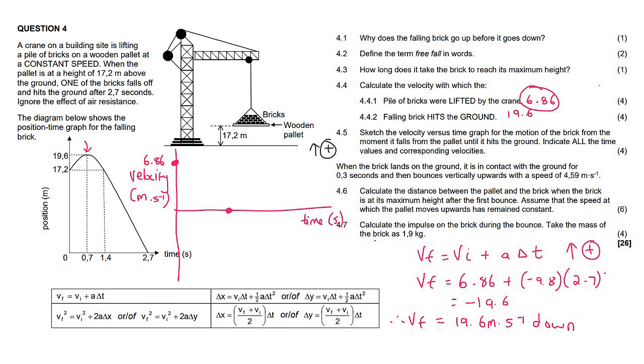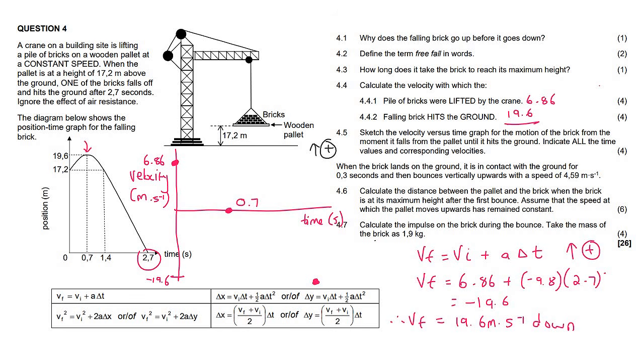So a 0 velocity would be here, and that took 0.7 seconds. Then at 2.7 seconds, it hits the ground, traveling at 19.6, but it was going downwards, and so it's going to be on the negative y-axis, negative 19.6. And that would be after 2.7 seconds, which would probably be over here.